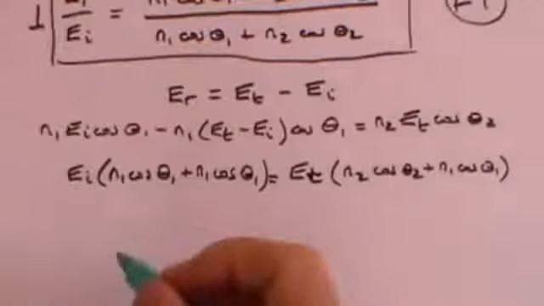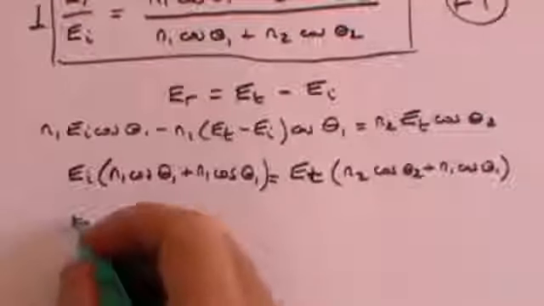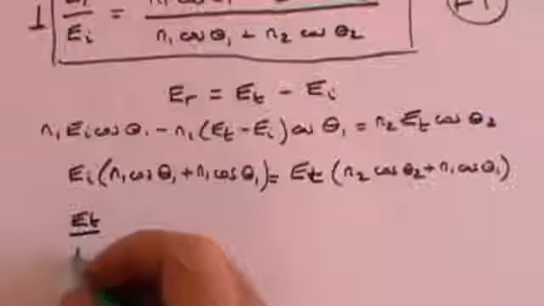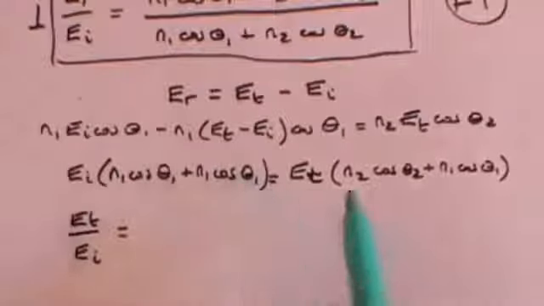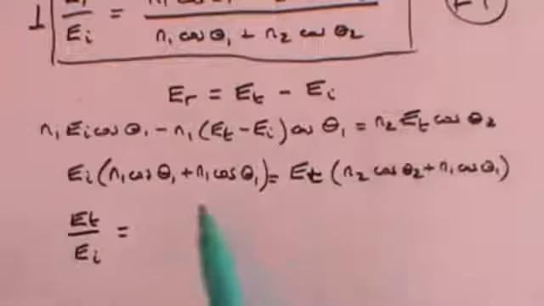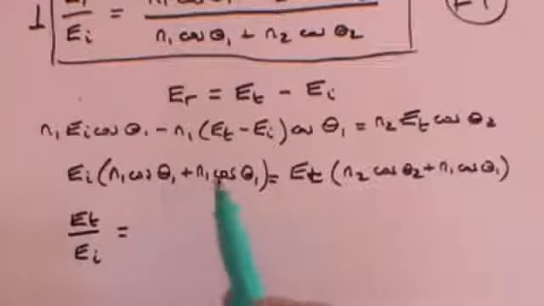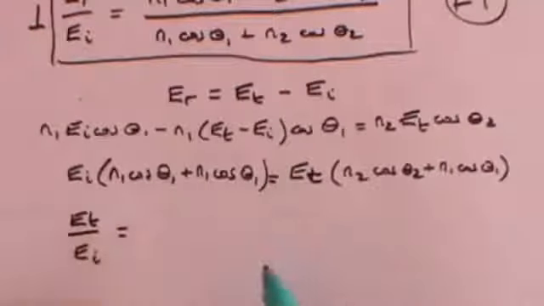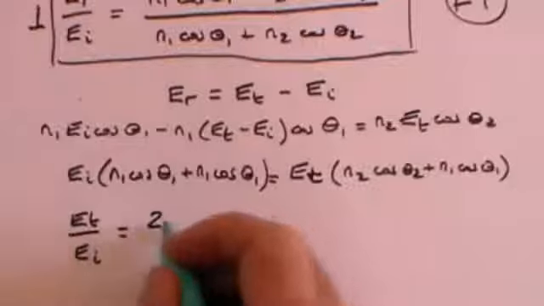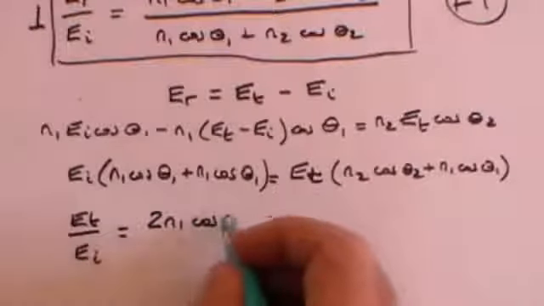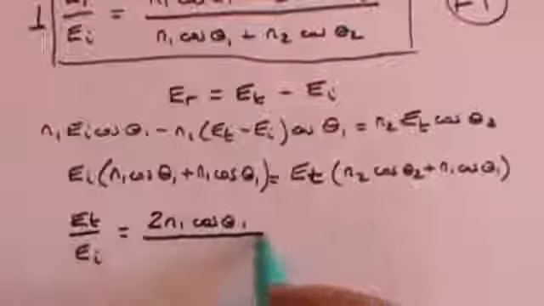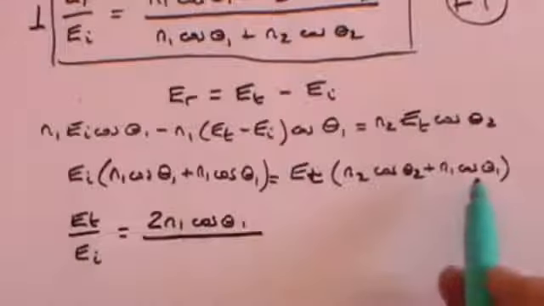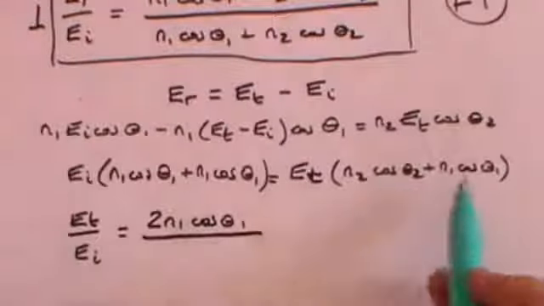And then as we did before, we can take ET divided by EI, and that will be this term divided by that term. Well, this is N1 cos theta 1 plus N1 cos theta 1. That's just 2 times N1 cos theta 1 divided by this term here, which to tidy up we'll just bring round the other way.